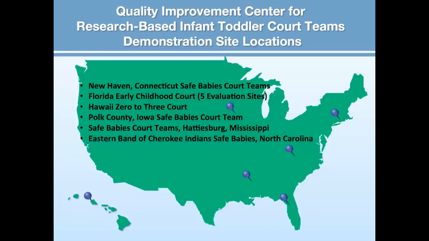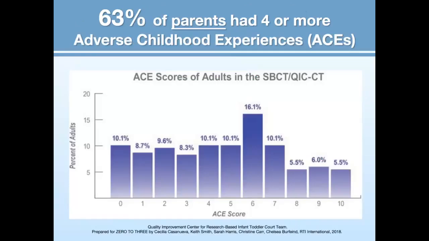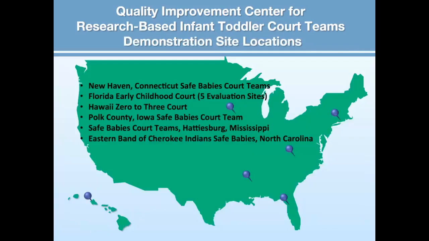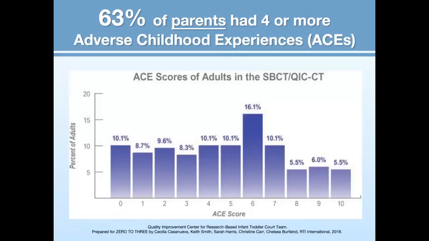So a couple of years ago, Zero to Three got a national grant to be a quality improvement center for what they call infant toddler court teams and demonstration sites. There were New Haven, Connecticut; Florida had 5 sites; Hawaii; Iowa; Hattiesburg, Mississippi; and the Cherokee Indians in North Carolina.